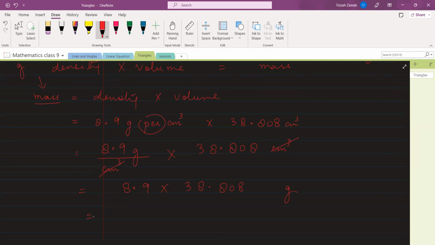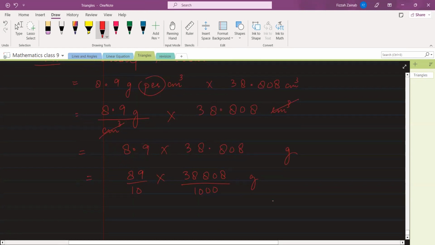Now, remove the decimal first of all. I think that's the best way. So 89 by 10 into 38808 and again divided by 1000 gram. Now you have to multiply. There's no choice here. Please multiply 89 into this 38808.